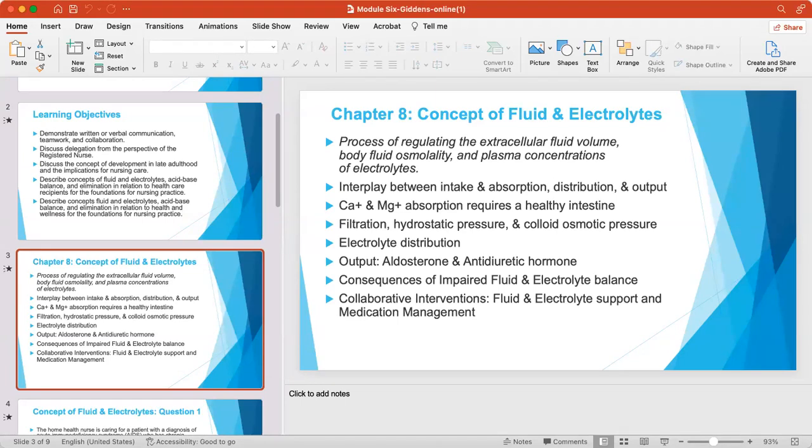As RNs, you need to be sure that people know the reason for the restrictions and that the teaching is culturally appropriate regarding how to change their diet or fluid intake, because we do want the patient or the caregiver to ultimately take care of the patient.